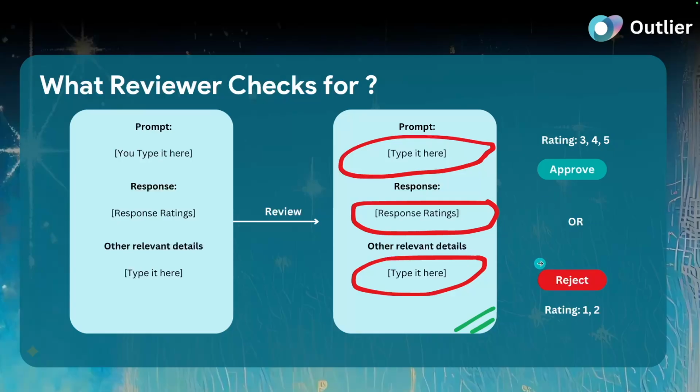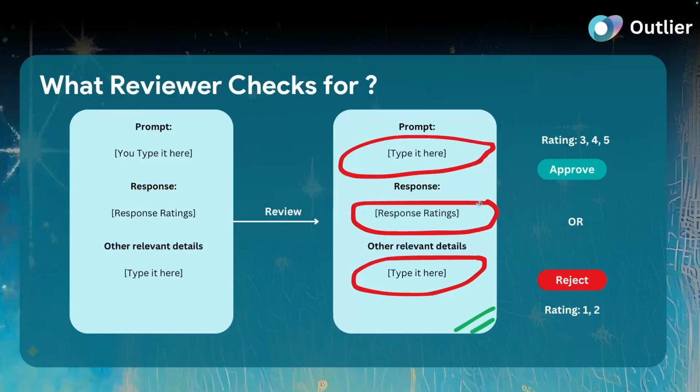If a reviewer approves your task, they will give it a score in the range of 3 to 5. A score of 3 or 4 means that you committed some small mistakes in your task, but the reviewer was able to fix them himself. Otherwise, if there's a fundamental issue in the task itself, for example, if the prompt itself is wrong and violates the project guidelines, it would mean writing a new prompt, generating other model responses, and then rewriting the ratings.